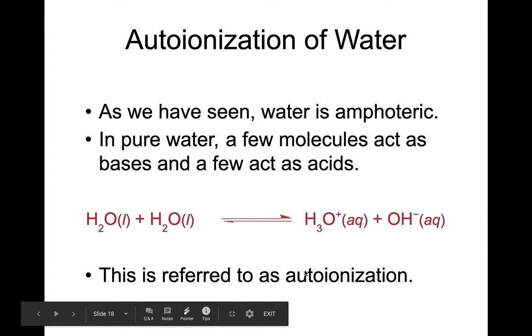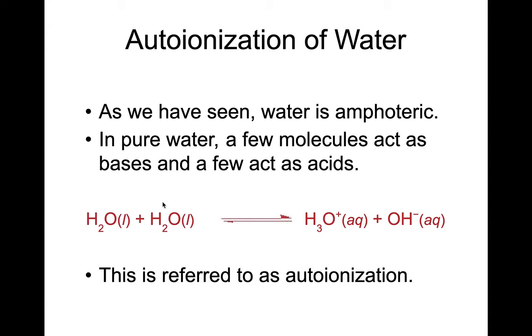This is called the autoionization of water. This idea that you've got some water acting as a base, some acting as an acid in the solution. The hydrogen ion's not really sure where to go because it could go either way.